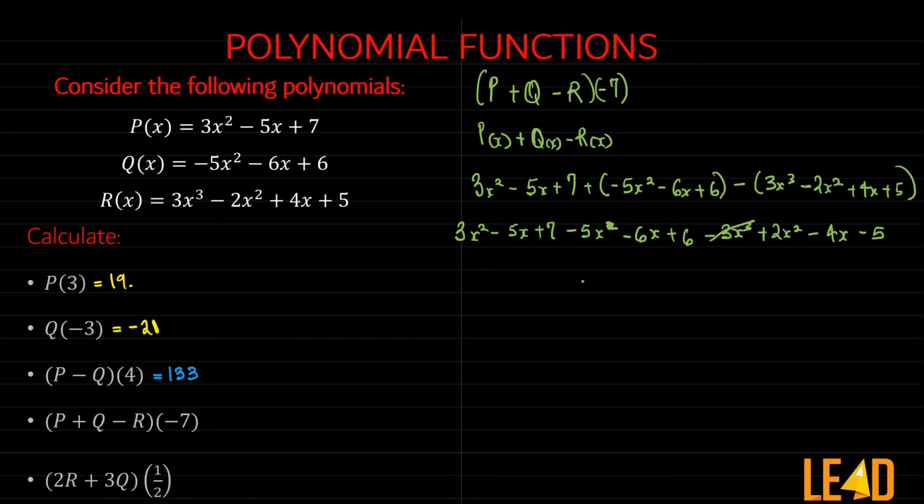This comes first, so that would be negative 3x cubed, and then I'll pick up my squared next, so that will be plus 3x squared minus 5x squared plus 2x squared. Okay, so 3 minus 5 plus 2. Okay, that's all. So I pick up my x's next. I would have negative 5x minus 6x minus 4x. So that's a lot of minuses there.